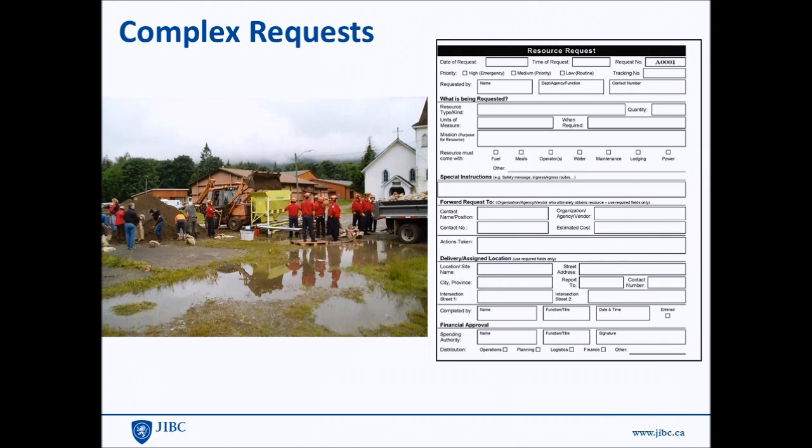Not to mention that this local authority has no heavy equipment and had to hire the front-end loader through another resource request. And finally, the forestry crew were a resource request from the province, but they didn't come with the sandbag machine and were yet another resource request. That's 6 resource requests for one operation at one site.